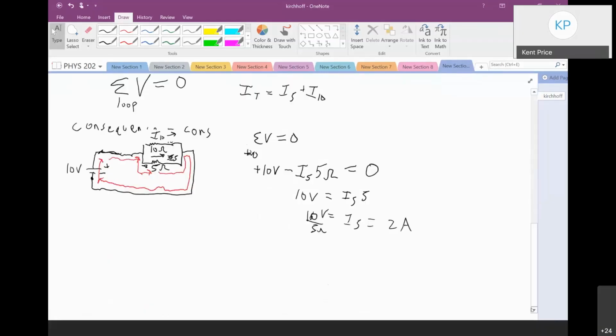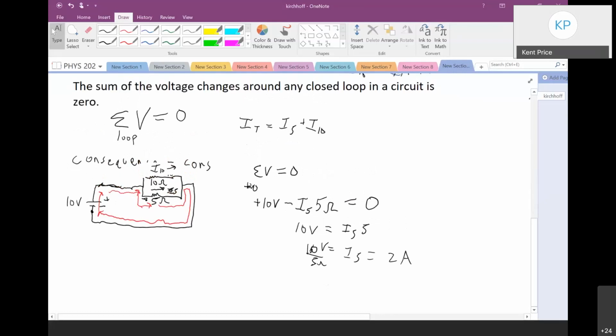So I found I5. Now that I've found I5, I can use I total equals I5 plus I10. I have I total, which we found up there to be 3 amps when I do the math right.